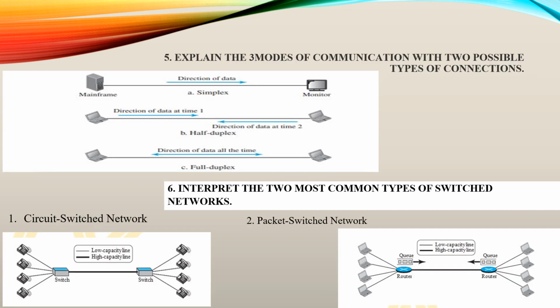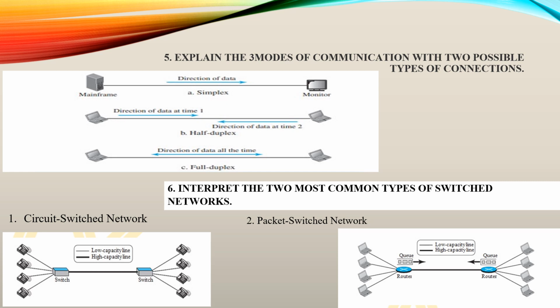Moving on to the next question, explain the three modes of communication with two possible types of communication. These are the three modes of communication: simplex, half duplex and full duplex. You have to draw the diagram, and with the diagram you explain what is simplex. Simplex mode is where only the sender can send data.